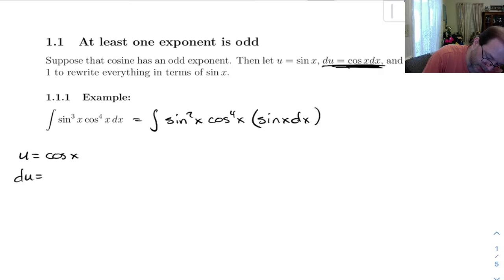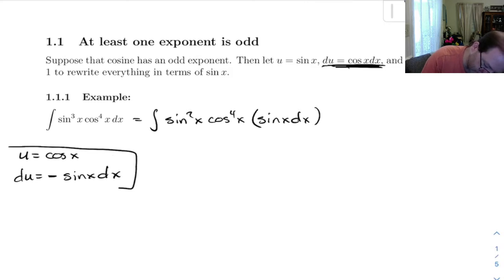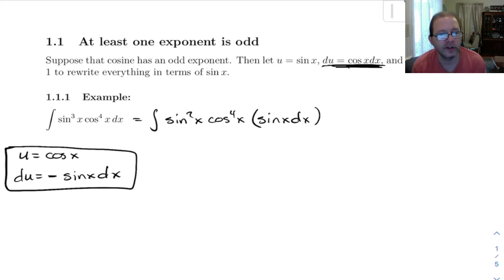Du then is going to be sine x dx. Actually, it's going to be negative sine x dx because the derivative of cosine is negative. If you ever get confused about these things, remember the derivative of a cofunction is always negative, because the derivative of cosine is negative sine, the derivative of cosecant is negative cosecant cotangent, and so on.